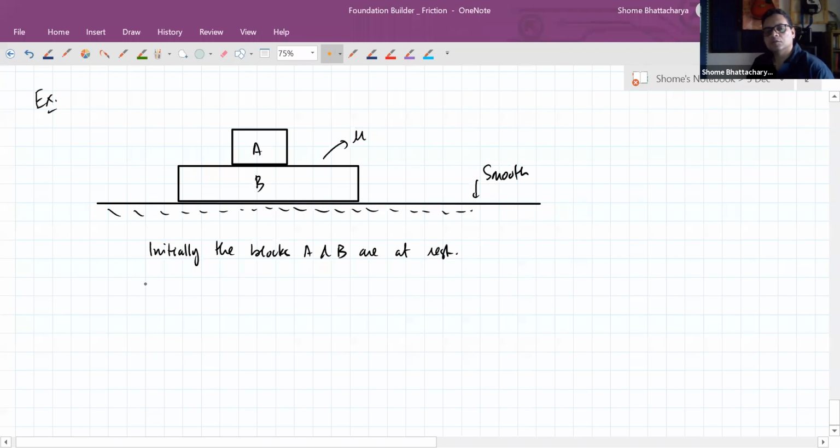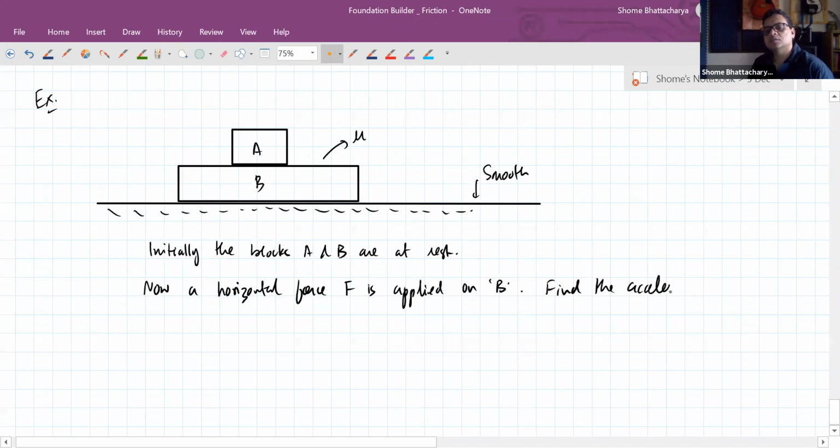Now a horizontal force F is applied on B. Okay. Find the accelerations of A and B given.